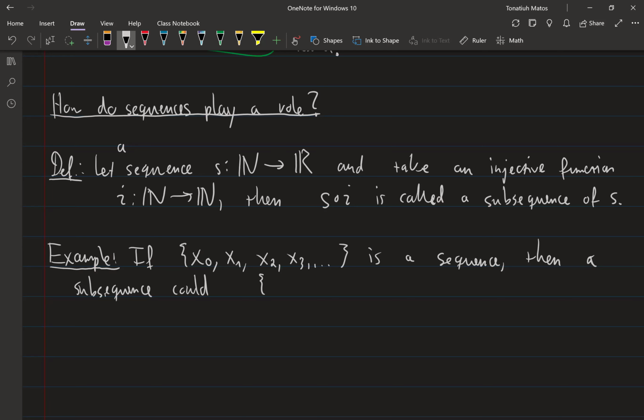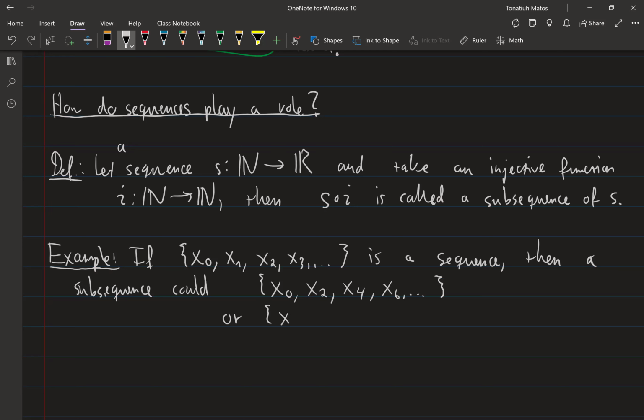Well, you just have to take some of these natural numbers, right? Some injective. Injective means that they don't repeat each other. You cannot have x0 then x0 again. That's not allowed because that wouldn't be injective. But a subsequence could be, for example, you just take the even indices, right? This would be the injective function 2n. N sent to 2n, 2 times n, right? This is a subsequence.